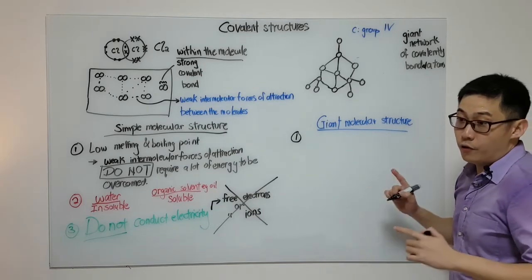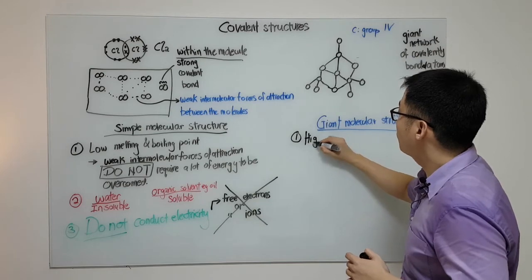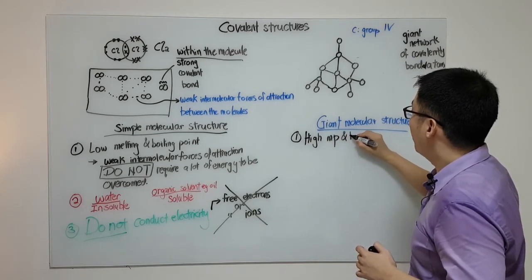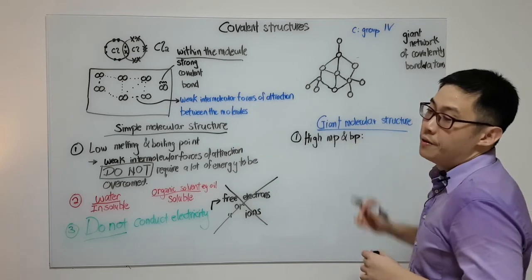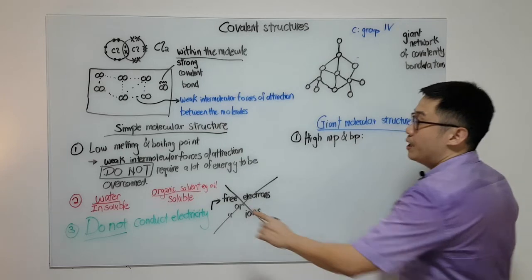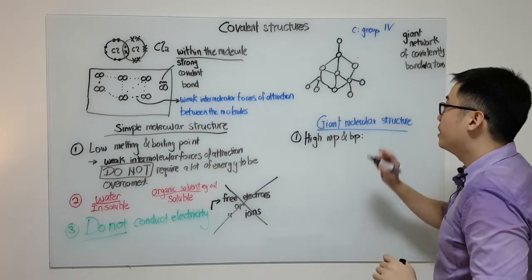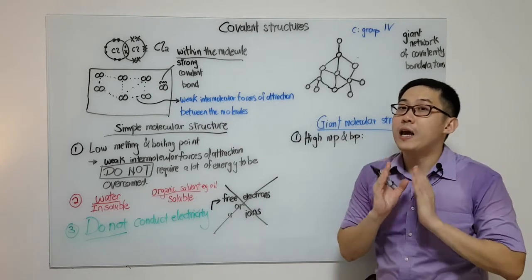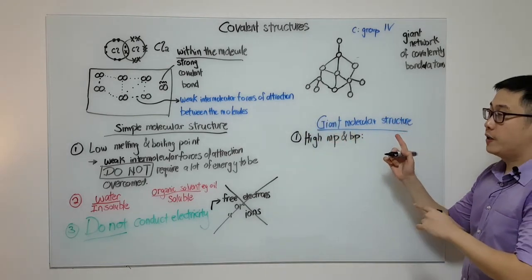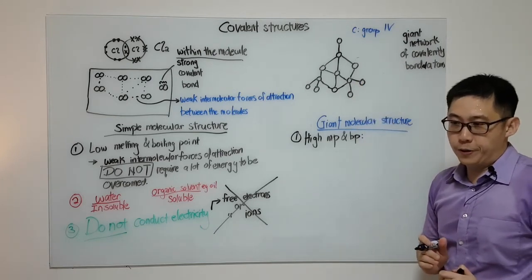What happens is, for the giant molecular structure, it will have a high melting point and boiling point. Because in this case here, instead of weak intermolecular forces of attraction being broken, in order for melting and boiling to occur for a giant molecular structure, you actually need to overcome the strong covalent bonds.